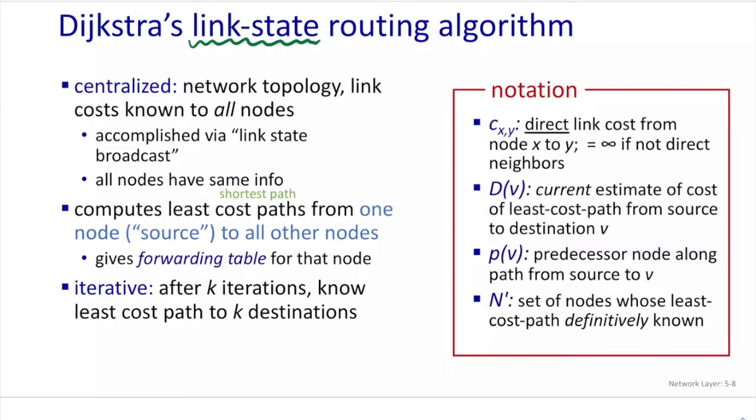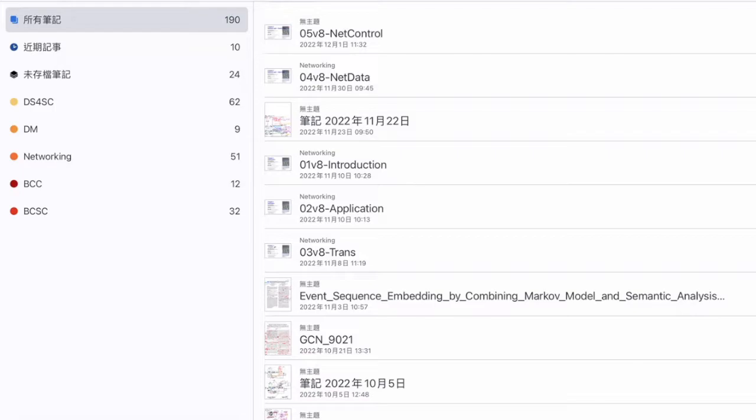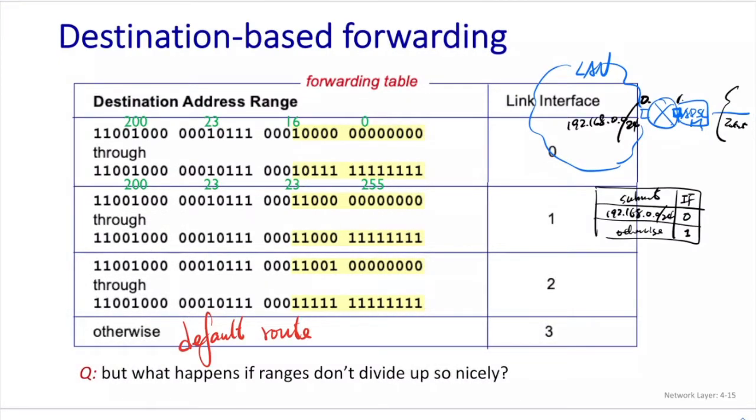Okay, so before we explain how this algorithm works, we have to go back to chapter 4 because we have 3 additional pages. That is what a forwarding table looks like. The left hand side is a destination address range, the right hand side is the link interface.